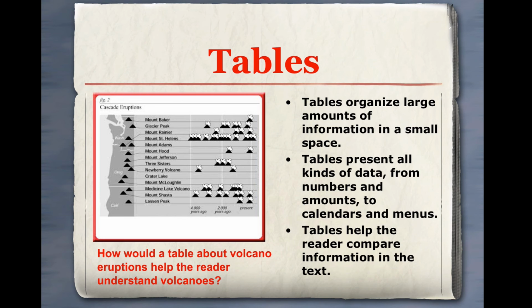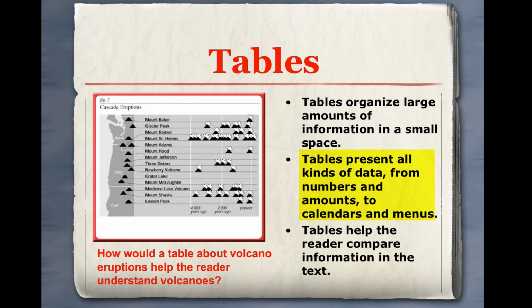Tables are another wonderful visual text feature that helps you understand information in text. It can take large amounts of information and put it into a smaller space. And it might have pictures and labels and words on it and show all kinds of information, from numbers to amounts to calendars to menus.